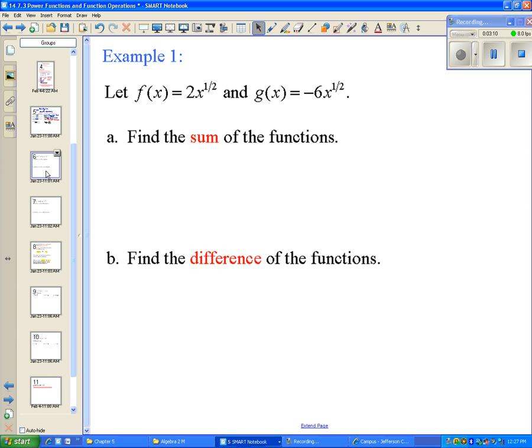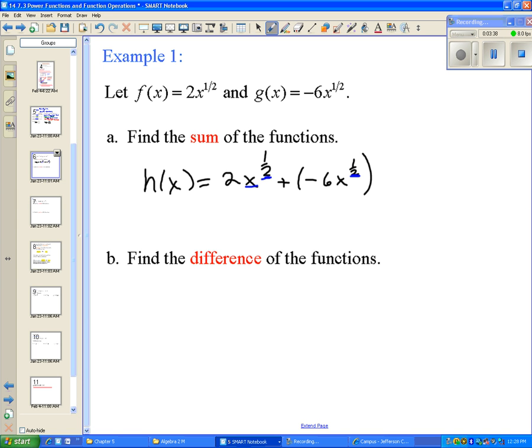So next slide. Example 1, let f of x be 2x to the 1/2 and g of x be negative 6x to the 1/2. I want to find the sum of these. So, again, my new function h of x is going to be 2x to the 1/2 plus negative 6x to the 1/2. Well, look at this. My exponents are the same.